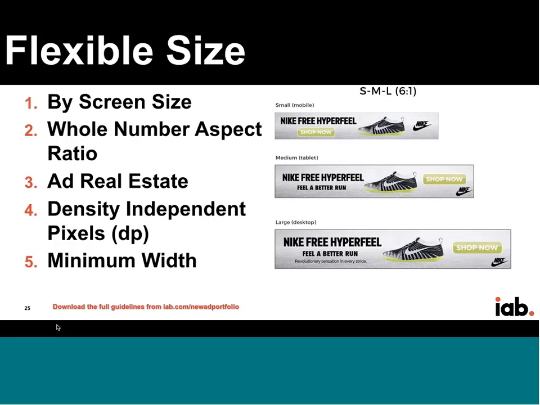And then the last thing is we want to establish a minimum width so that no one ends up buying a tiny 60 by 10 ad unit as a 6 by 1. So we do want to have a minimum width that is a reasonable experience for people. Next slide.